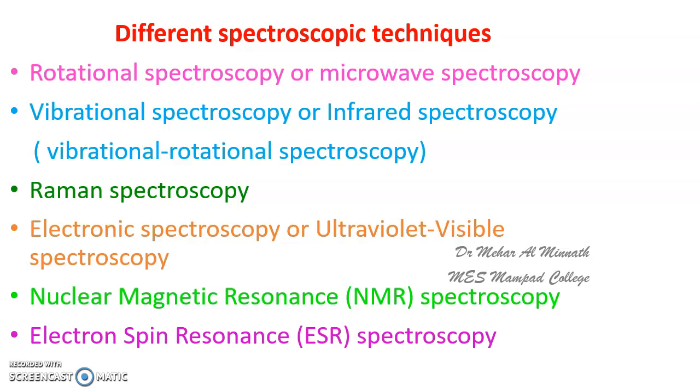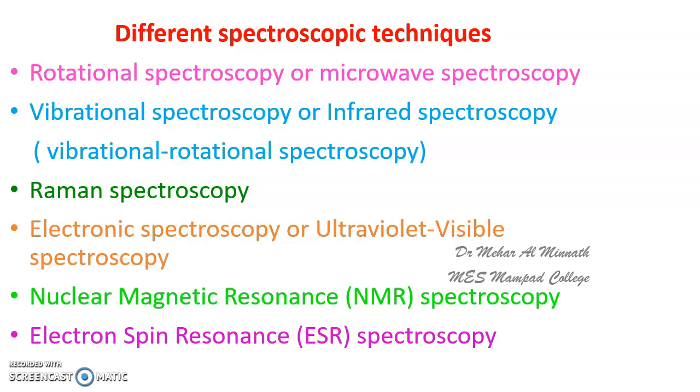In NMR spectroscopy, the transitions induced between the spin energy levels of certain nuclei in a species in an applied magnetic field by absorption of electromagnetic radiation in the radio frequency region are studied. So in NMR, we place a sample in an applied magnetic field and the absorption of electromagnetic radiation in the radio frequency region is studied.